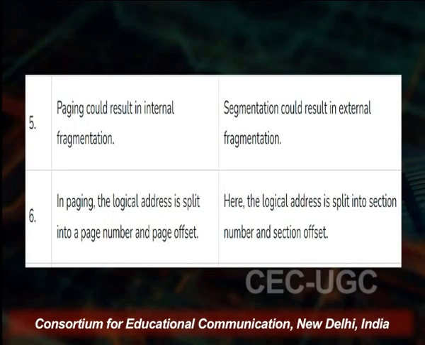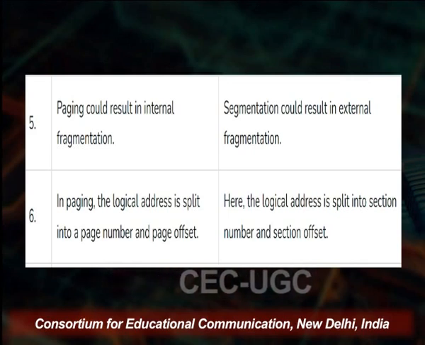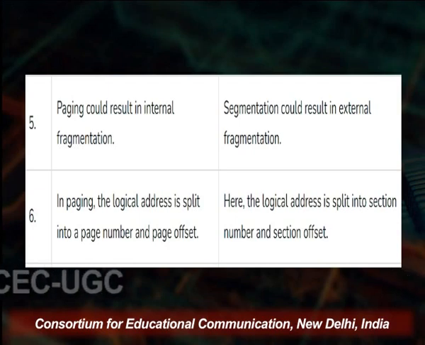Now, one very important thing: paging is not going to result in external fragmentation, but it can result in internal fragmentation because the size of the page or the frame is fixed, while segmentation has different segments of varying sizes.